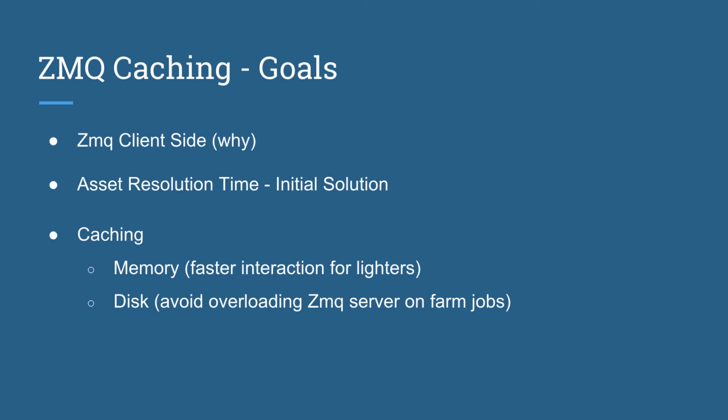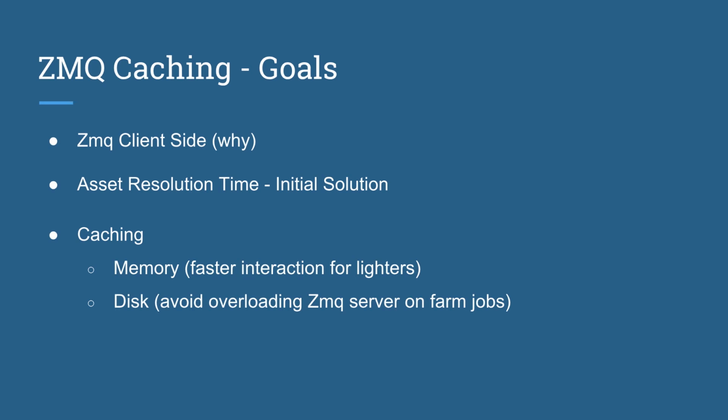As mentioned before, we had two ways of caching. We needed in-memory caching specifically for lighters, because they'd often be loading up a set and then doing multiple revisions of lighting renders. And so we wanted to just resolve the scene once and then let them do multiple renders. But then we realized that as they were submitting their jobs to the farm, the farm would have no concept of that cache.